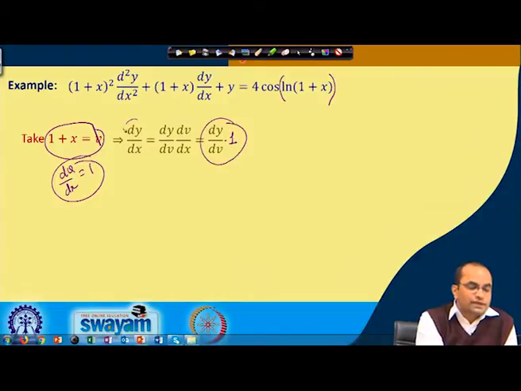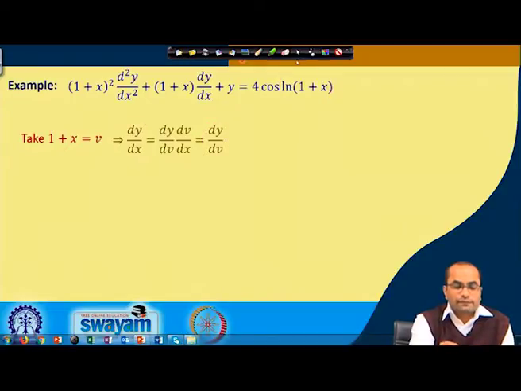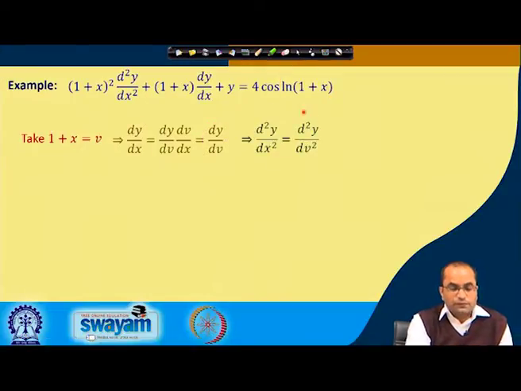So, dy over dx will be replaced by dy over dv, with no extra factor coming because of the 1 plus x. And then when we compute the second order derivative, d2y over dx2, again because the factor of x was 1, there is no change, and we get just the second order derivative with respect to v.